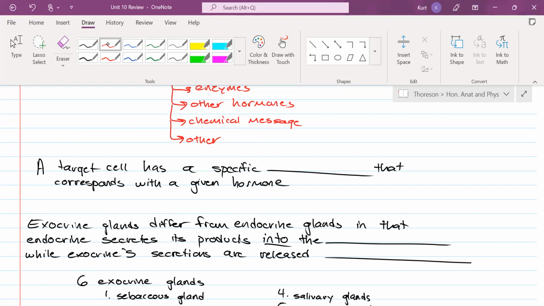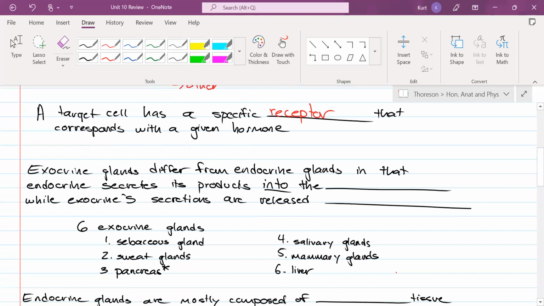A lock, Zoe. What do you call these locks that are on the surface of a cell that correspond with the hormone? Begins with an R. A receptor. A target cell has a specific receptor for a given hormone. Hey, Zoe, test tomorrow.